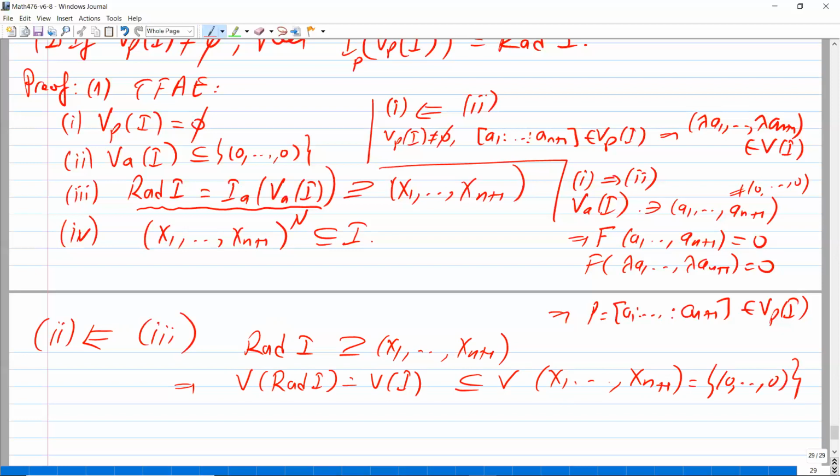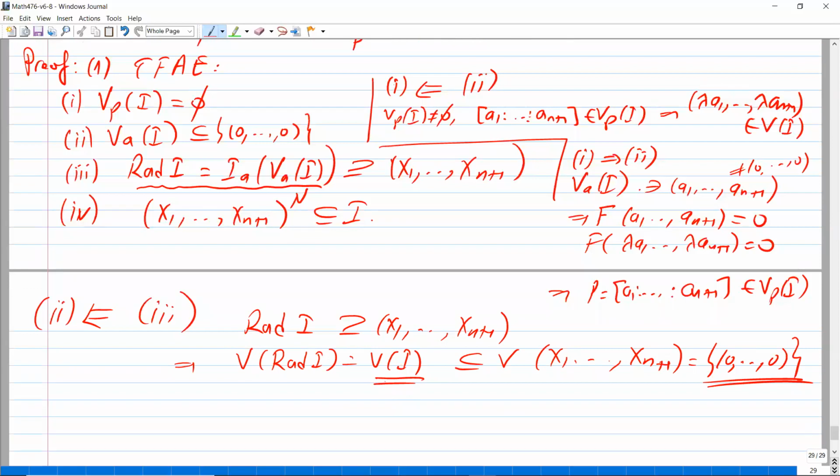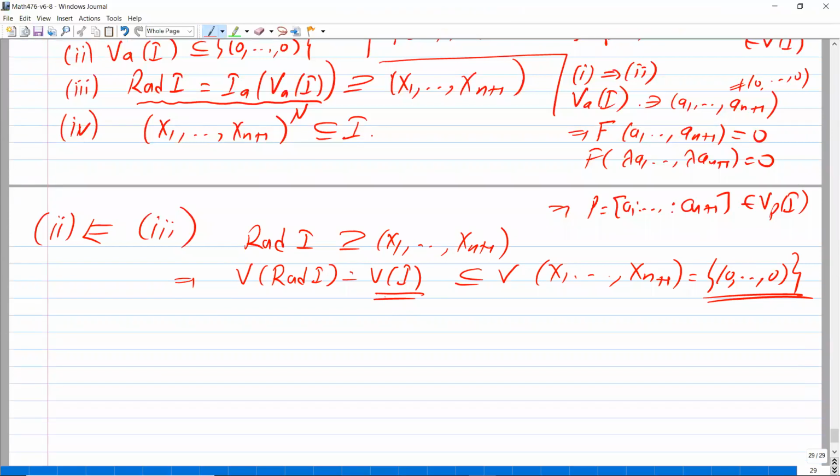So VI is a subset of 0, 0. So it's either empty or it contains just 0, 0. And the other way, 2 implies 3. Let's look at this.